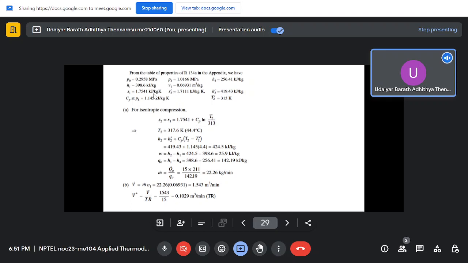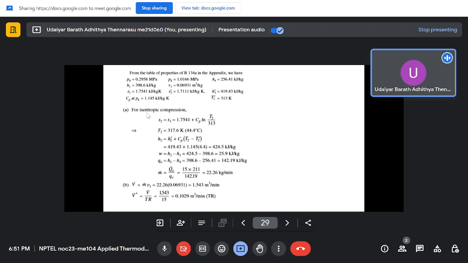S2 dash is the compressor exit, which equals 1.711 kilojoule per kg Kelvin, and H4 is the enthalpy at the exit of the condenser, saturated liquid, which is 256.41 kilojoule per kg.